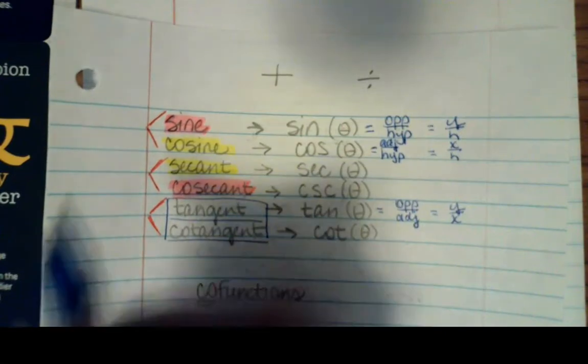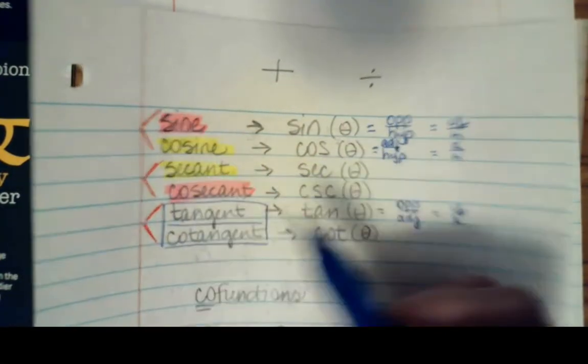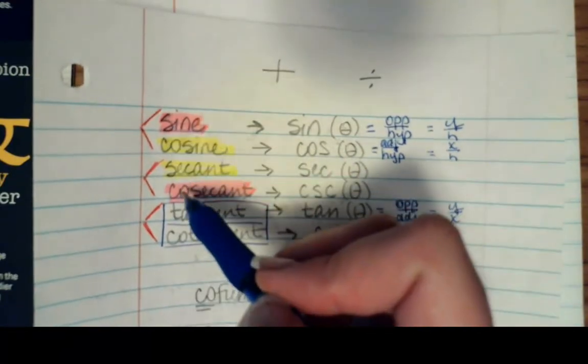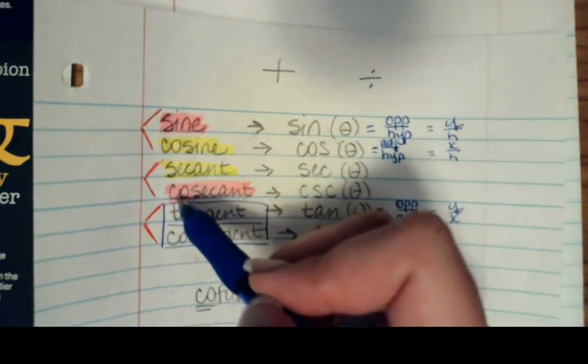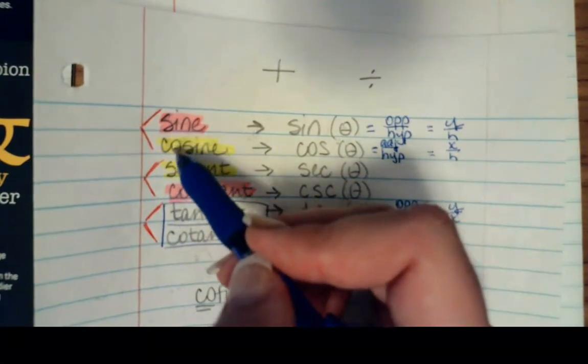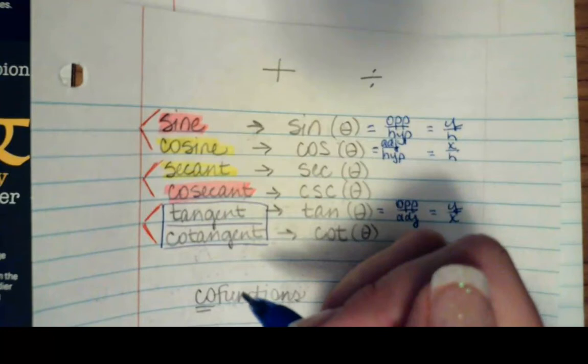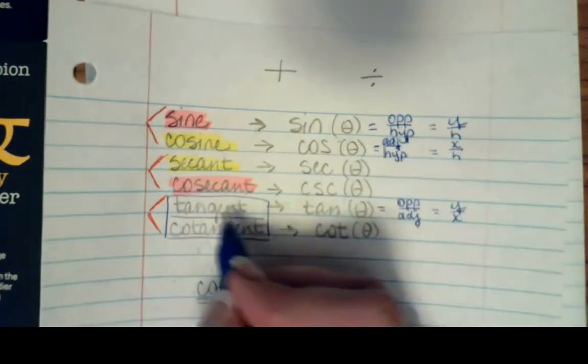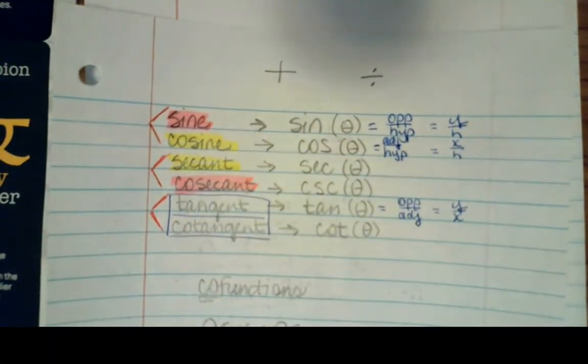Sine and cosine, S and C, are cofunctions. Okay? Sine and cosecant, S and C, are going to be reciprocals. Cosine and secant, S and C, are going to be reciprocals. Okay? And then tangent and cotangent are kind of off by themselves and they do their own thing.